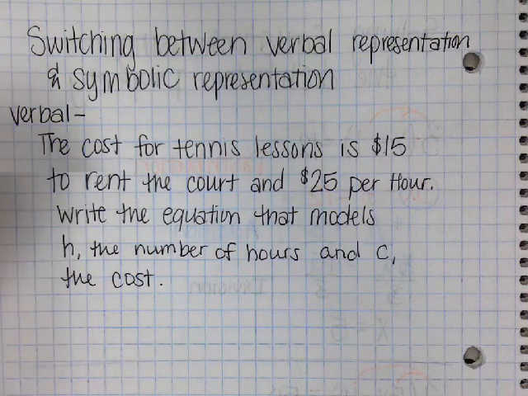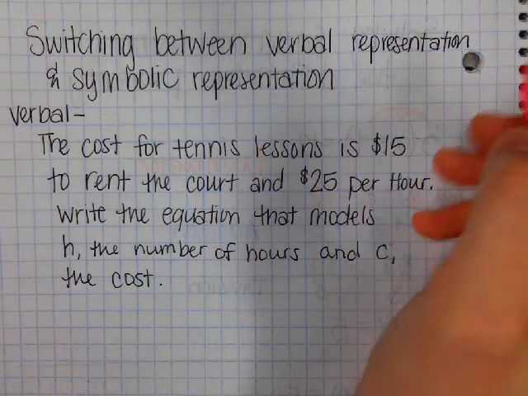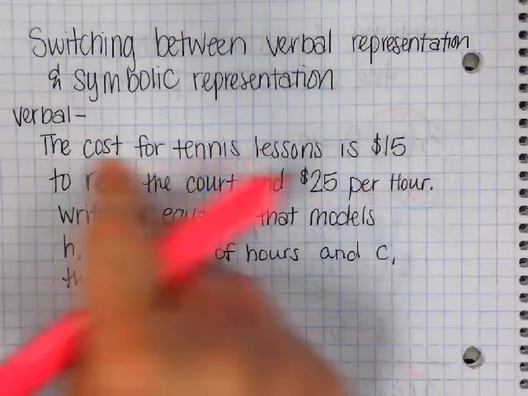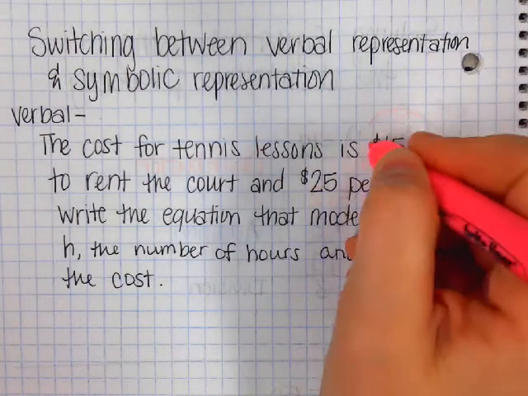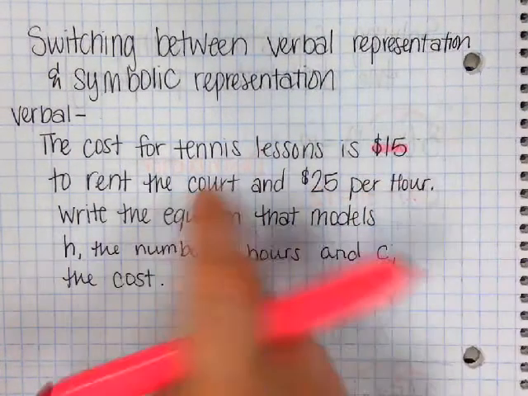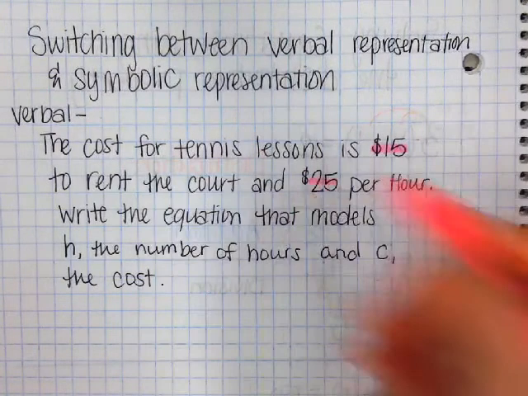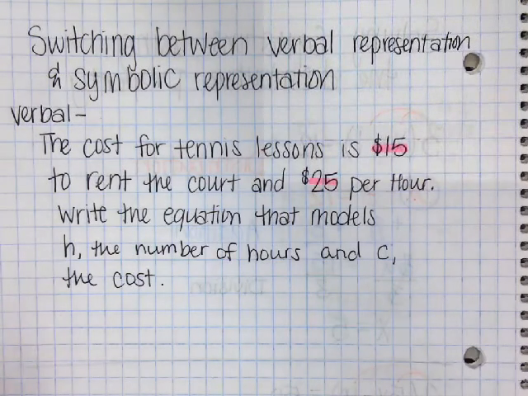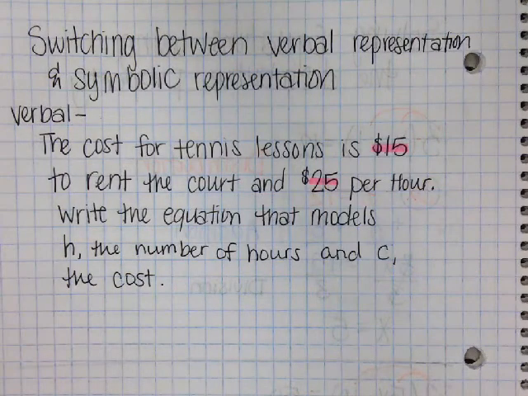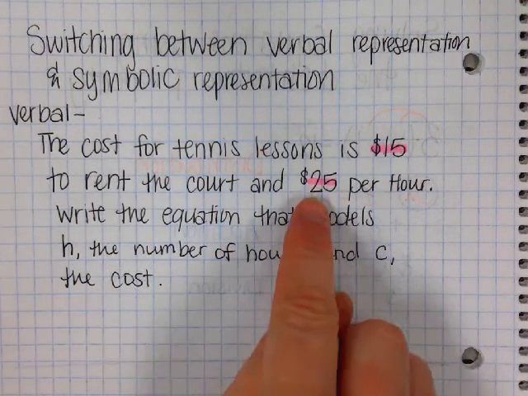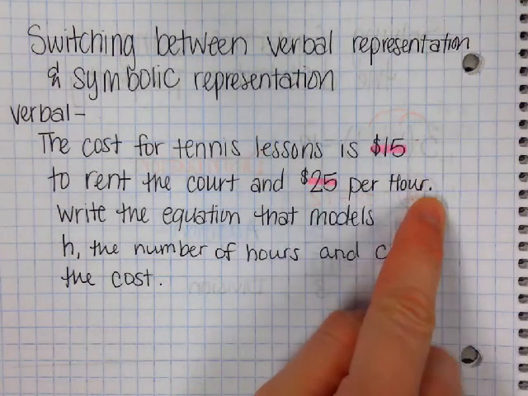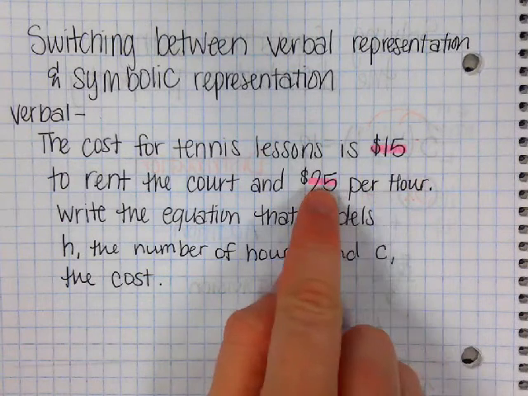The first thing that you always want to do in any type of word problem is highlight the important information. So the cost for tennis lessons is $15 to rent the court and $25 per hour. When you are writing equations from a statement, notice how it's $25 per hour.